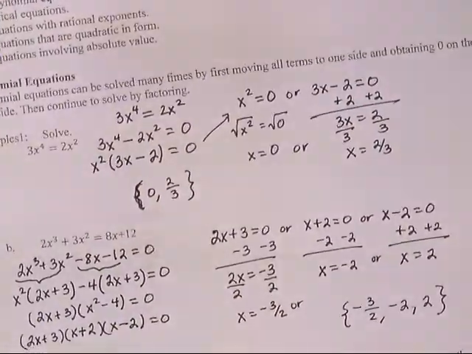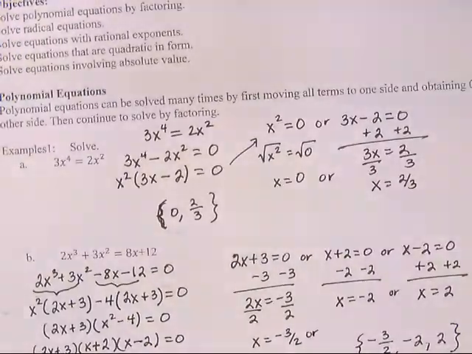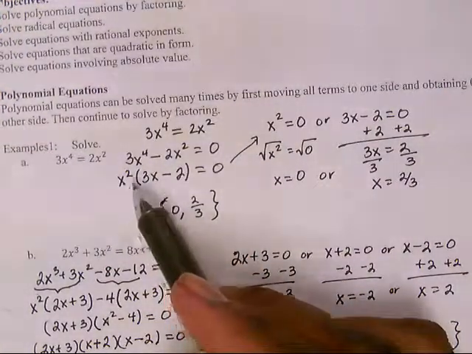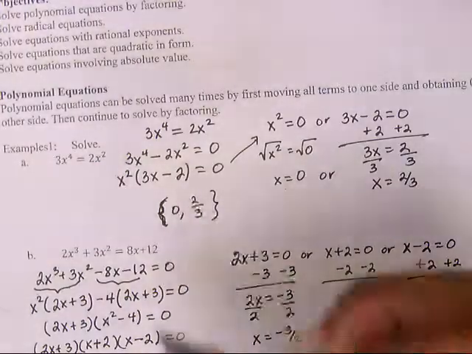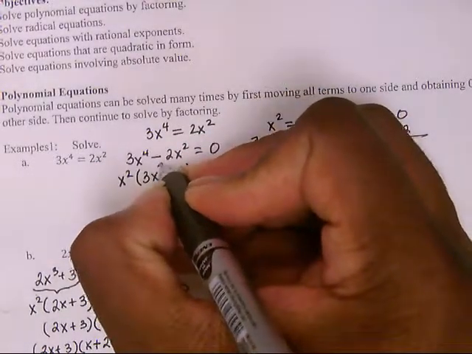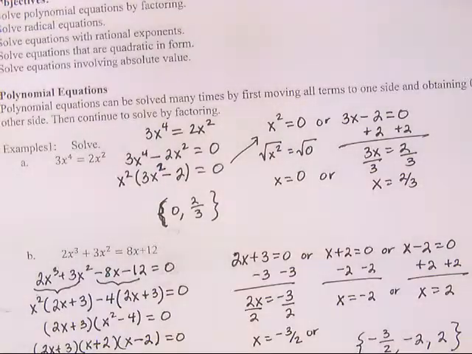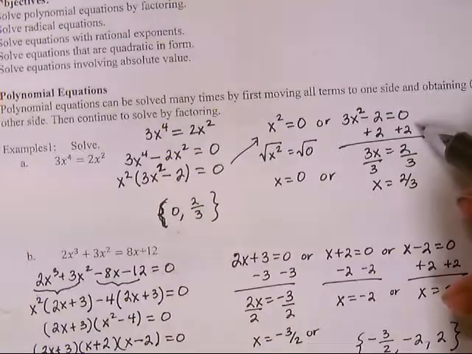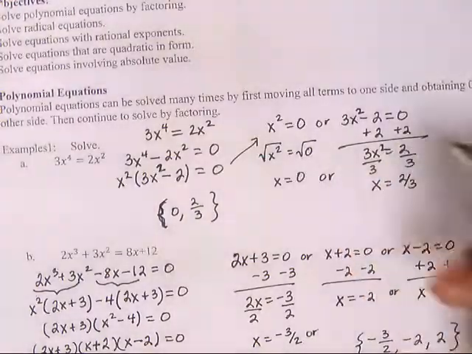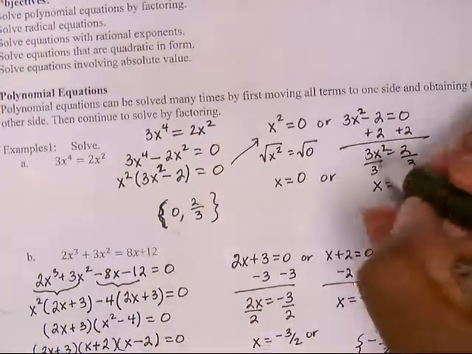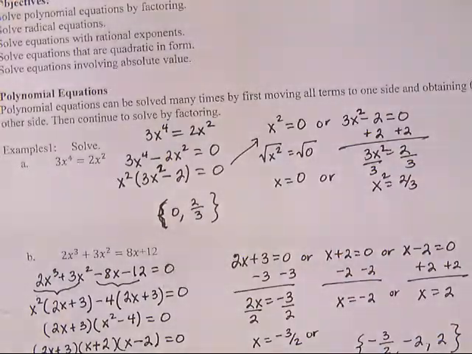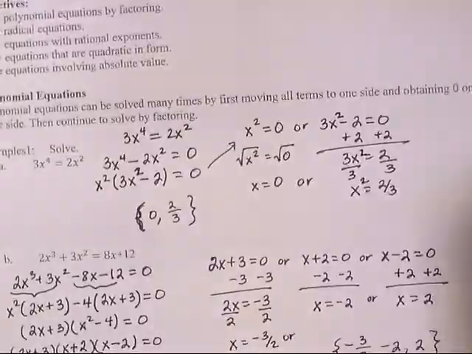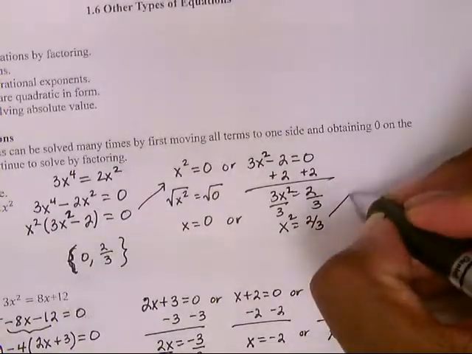And allow me to go back to this particular problem right here, part A. When I factored this, I factored that incorrectly. 3x to the 4th divided by x squared should be 3x squared. And that would mean 3x squared minus 2 is equal to 0. And then I have 3x squared equaling 2, so x squared will be equal to 2/3. But here I have to take the square root on both sides.